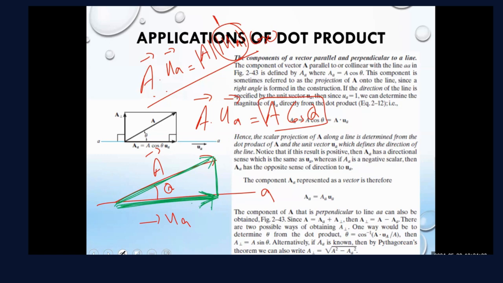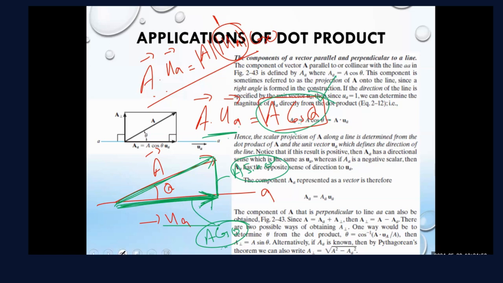So this component is A times cos theta, and this component is A times sine theta, right? The one you get here when you do the dot product is technically this magnitude. This is the same as when you do the projection for the vector.